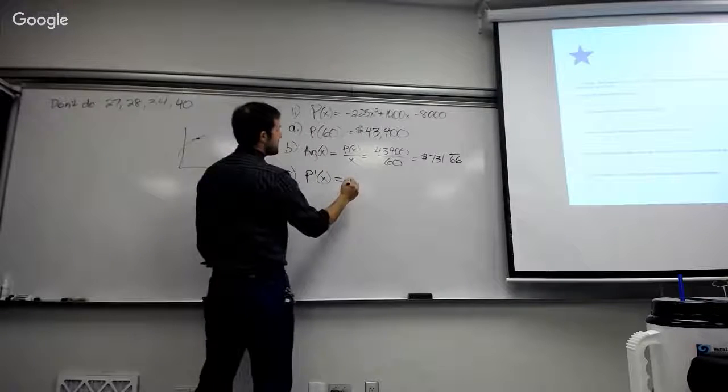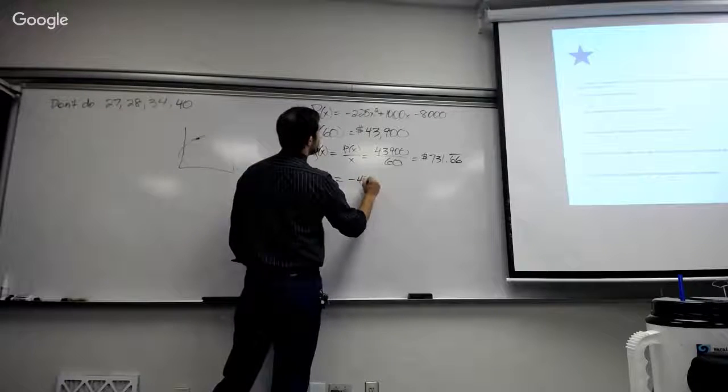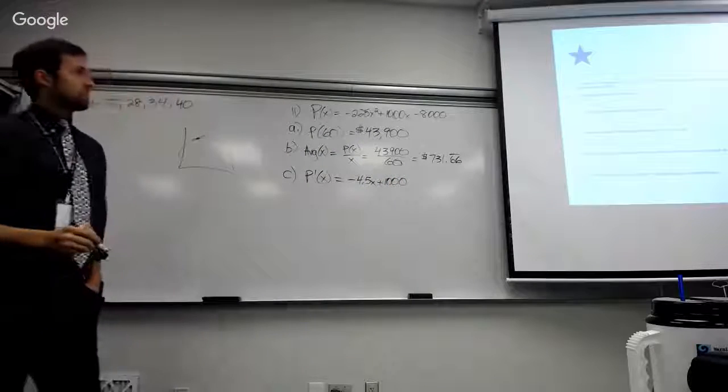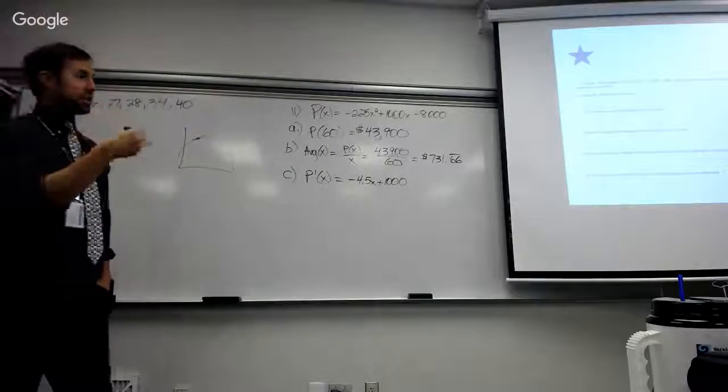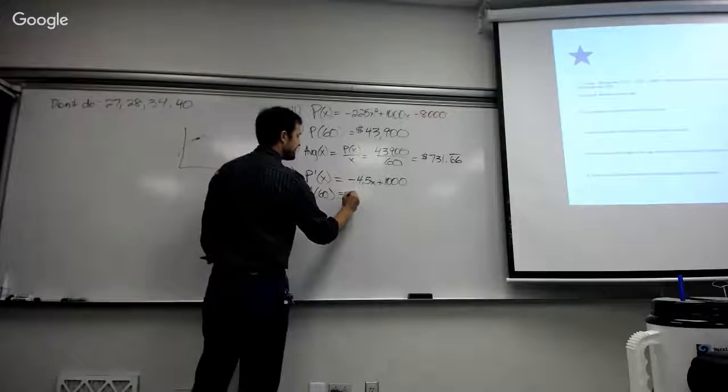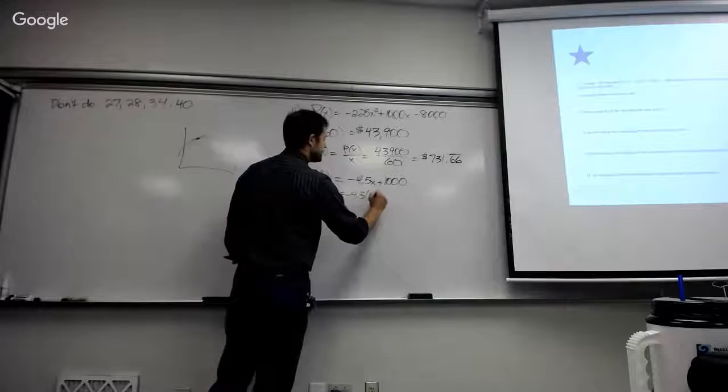And the derivative of profit is negative 4.5x plus 1,000. That's the derivative of profit. That's the rate that profit is changing. And they want it when 60 units are sold. So we're plugging in 60, negative 4.5 times 60.